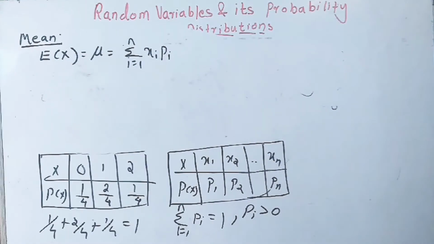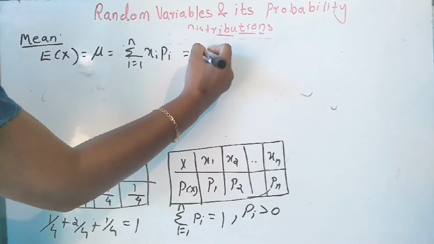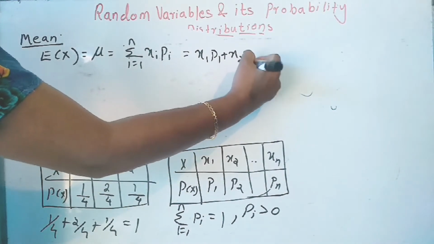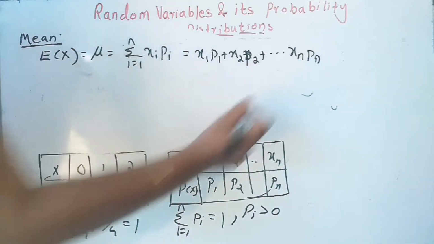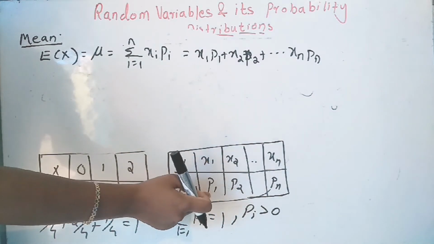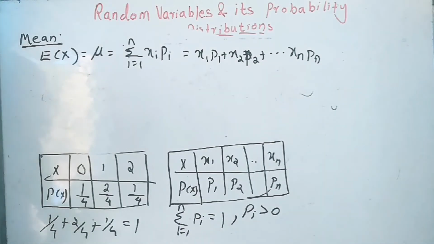This is equal to x1 p1 plus x2 p2 plus etc. plus xn pn. Consider the first value of x and multiply it with the corresponding probability, x1 p1, plus x2 p2, plus etc., xn pn. That is our mean.